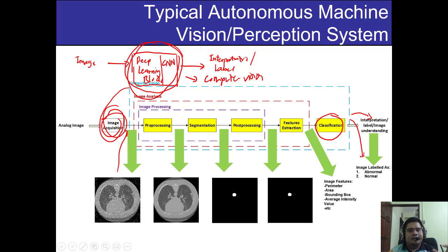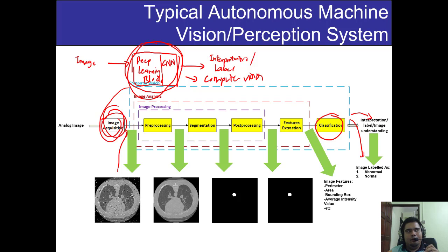So here you can see that is why deep learning, or AI, is not so far from the computer vision community or image processing community, because if you apply deep learning to an image and the output is interpretation, then it is actually computer vision.